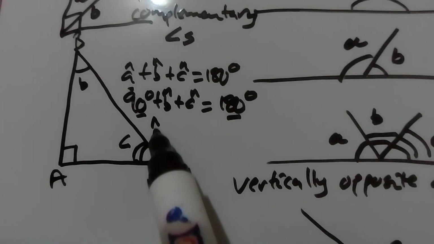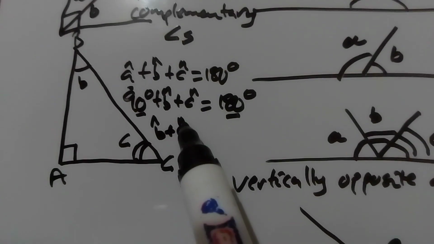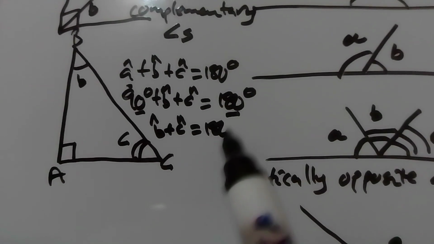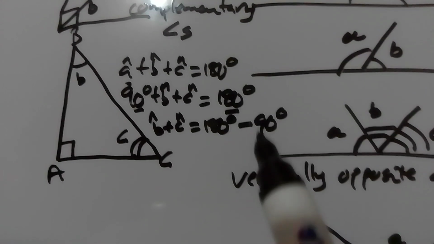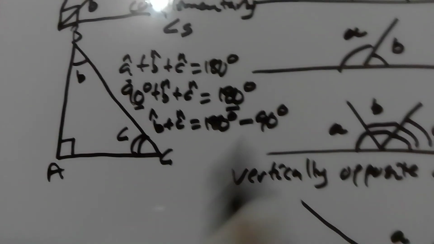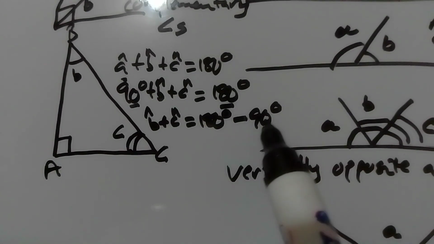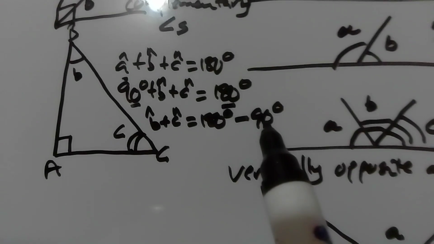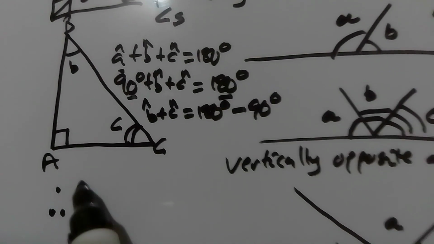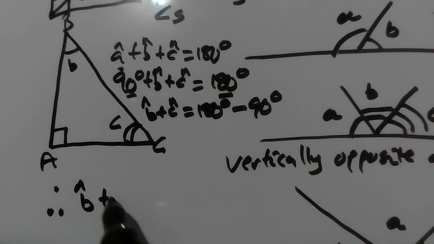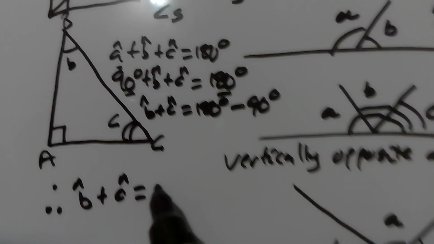So I'm going to say that angle B plus angle C are equal to 180 degrees minus this 90 degrees here. Right? Now, when I say 180 minus 90 degrees, I get what? I get 90 degrees. So therefore, I can conclude here that angle B plus angle C are equal to what?